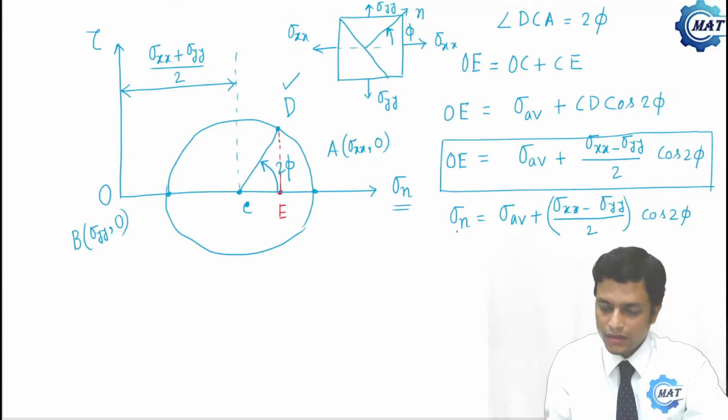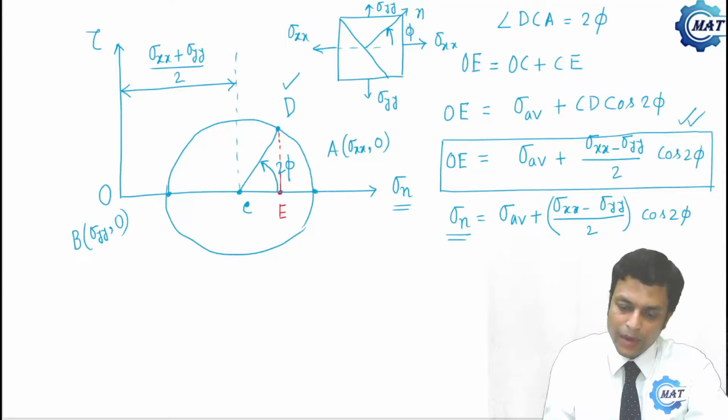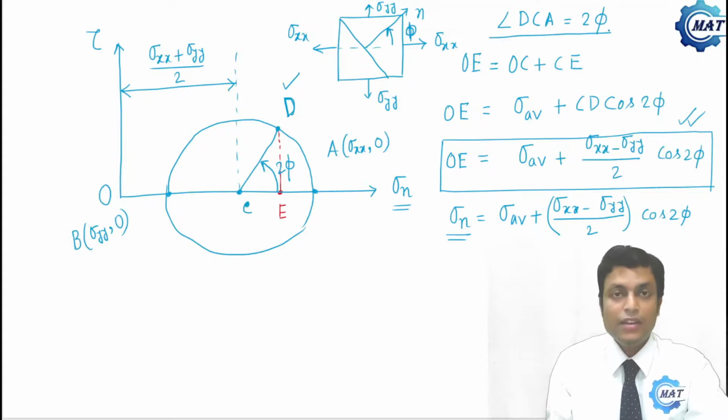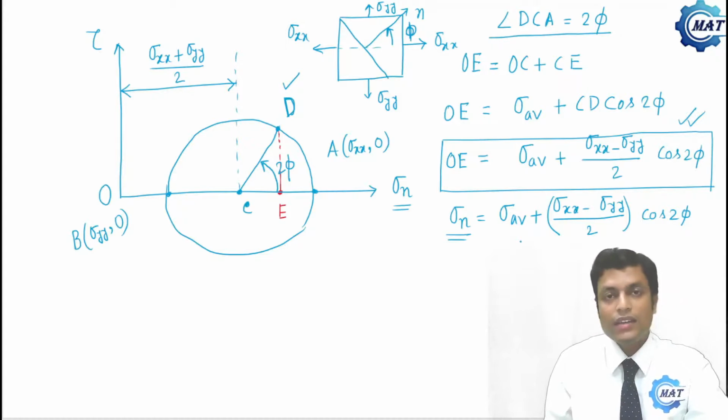So the sigma n coordinate of point D gives the same expression. That means a plane whose normal makes angle phi with x is represented by D such that DCA is 2 phi, that is, the angle becomes doubled in the Mohr circle. By plotting D we can calculate the normal stress.